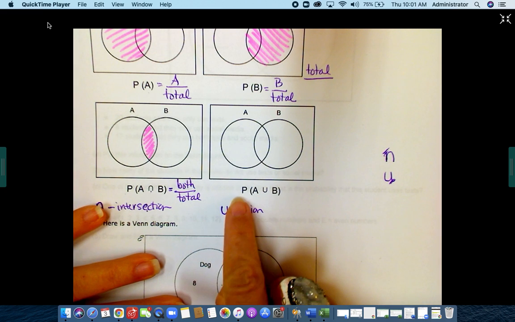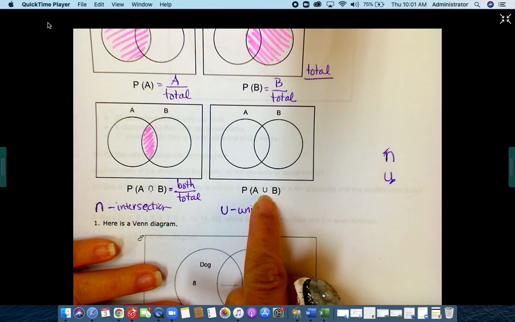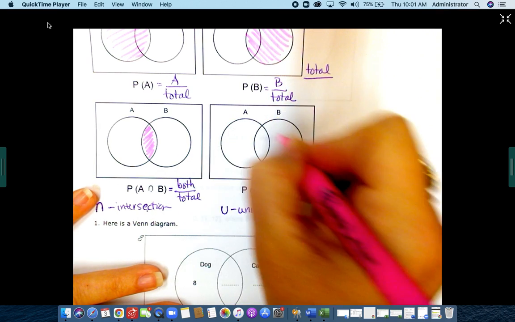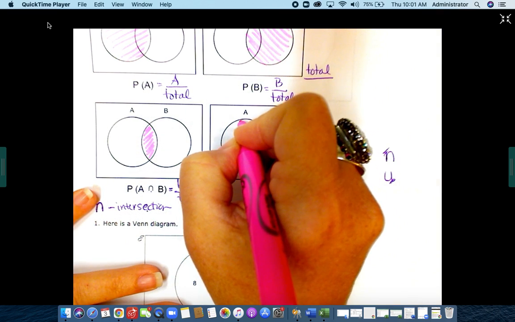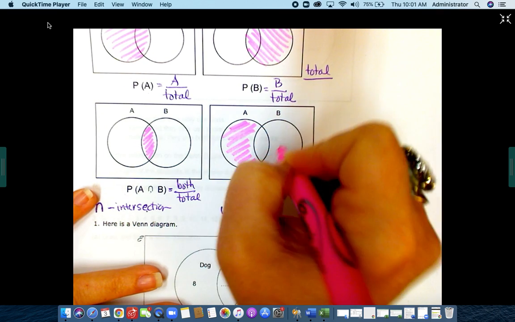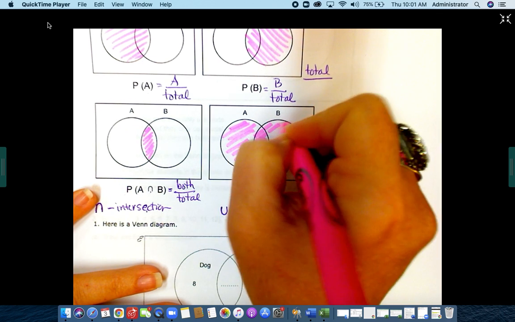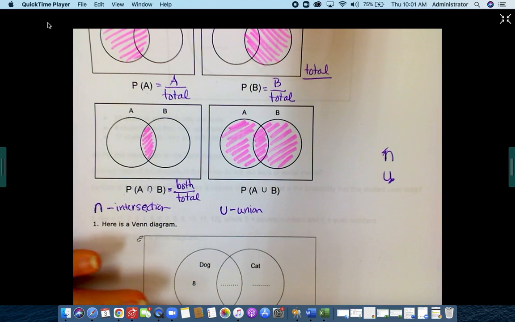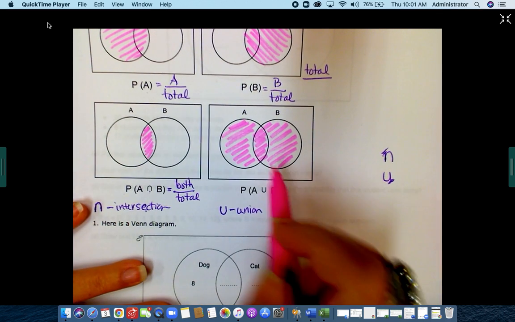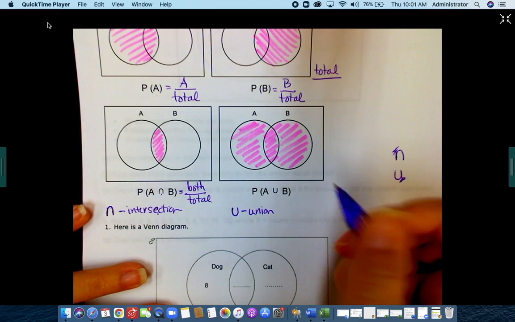So if I'm asking for the probability of A union B, then it's going to be the union of these two circles. That means everything in only A, and here, and here. In other words, all the circle stuff, the sum of everything in the circles.